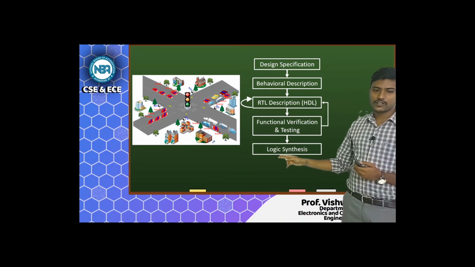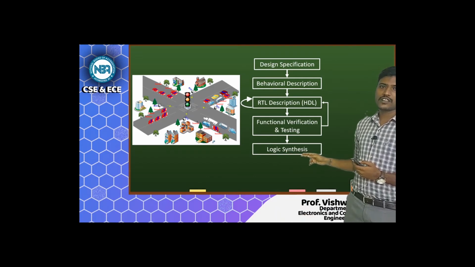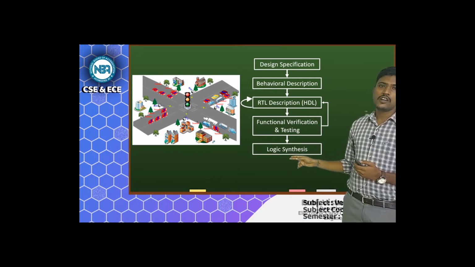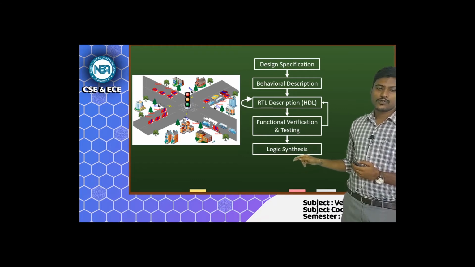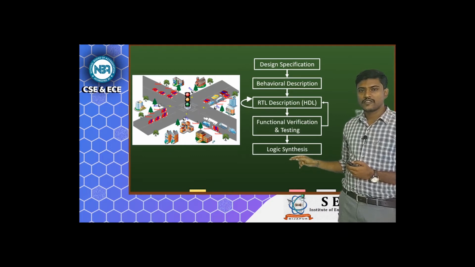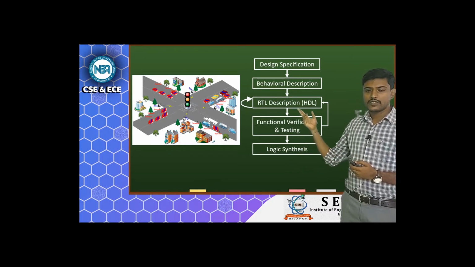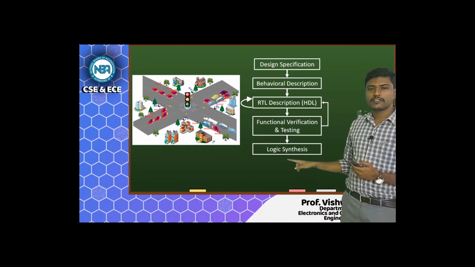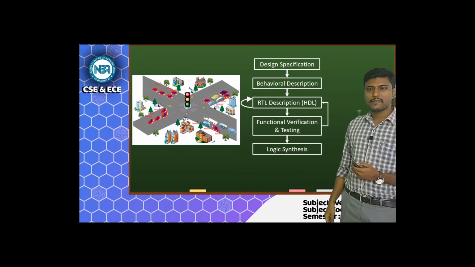For this logical synthesis, we have a separate tool in our EDAs. This synthesizer will take care that the program developed in HDL is converted back to normal gates, flip-flops and multiplexers.